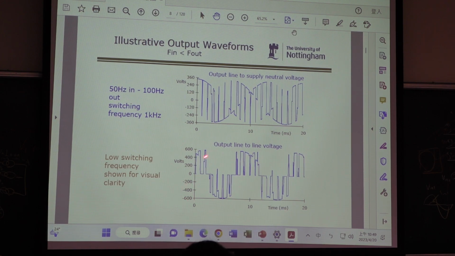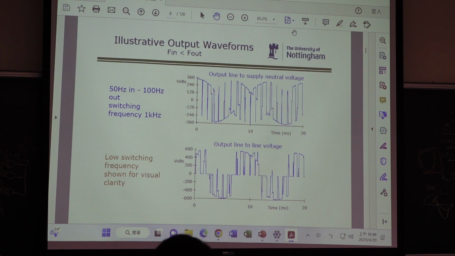It is like this. So for one cycle, what is one cycle? 10 milliseconds. The inverse of 10 milliseconds is 100 hertz, right? So this is output 100 hertz because one period is 10 milliseconds.